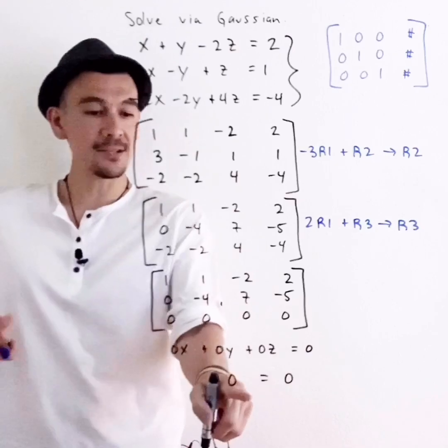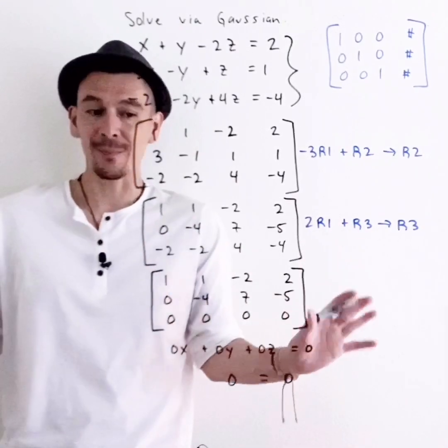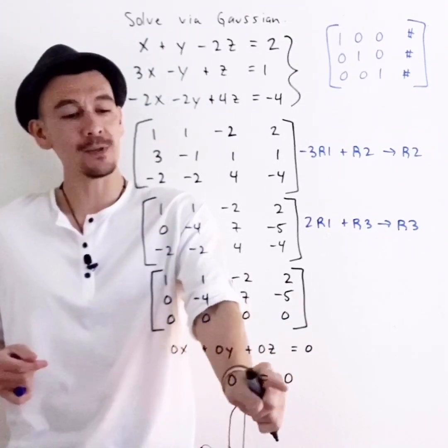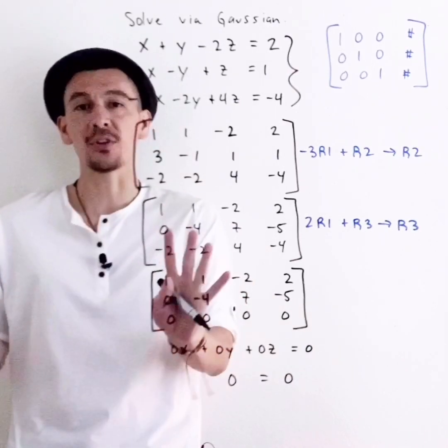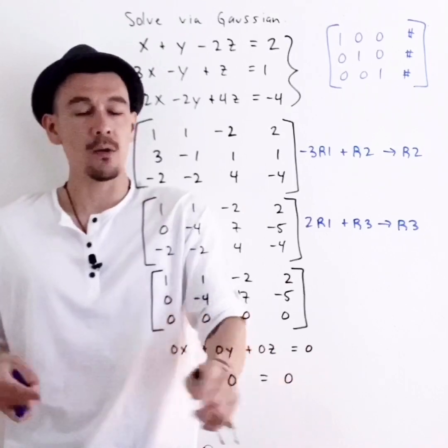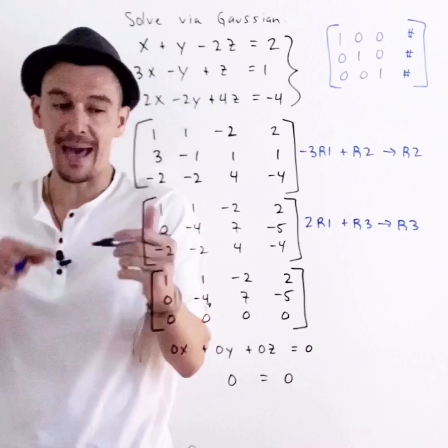So is this true or false? Well, this is true all the time. The previous problem, this was a 10. 0 equals 10 is false, which is why the previous problem had no solution. This is the exact opposite. 0 equals 0 always. So how many solutions does this system have?